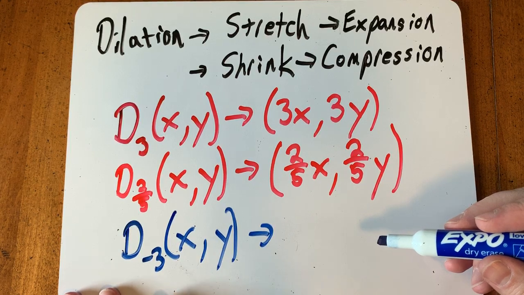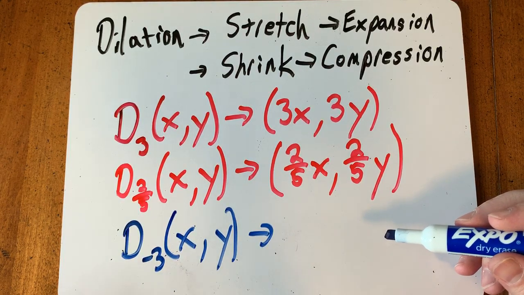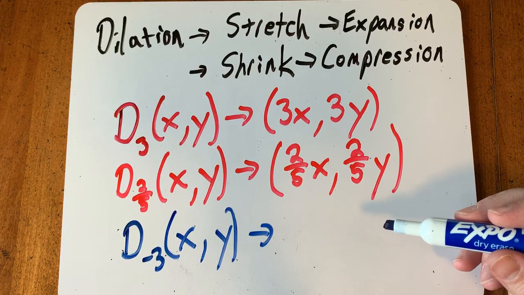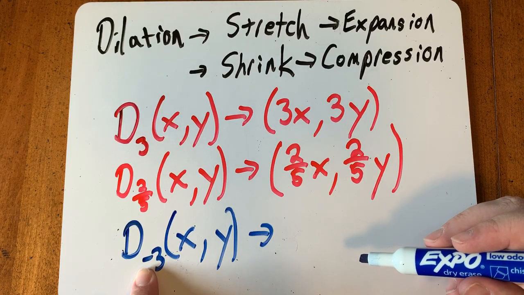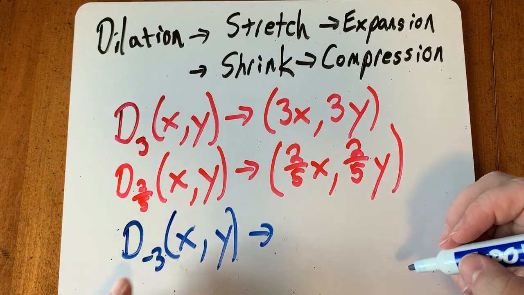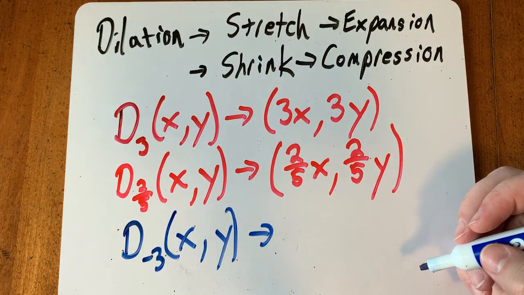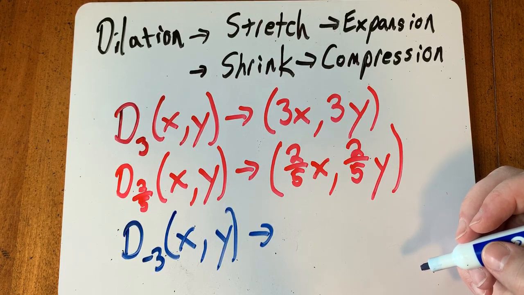But for some strange reason, and none of the math teachers in our school can figure out why, they have decided to say that a negative subscript means it is a shrink. We don't know why. We can't find other texts that use that. They just have decided that.